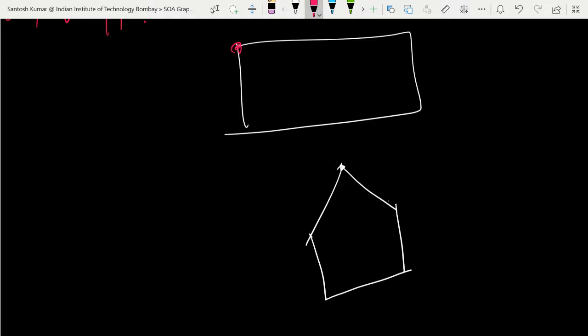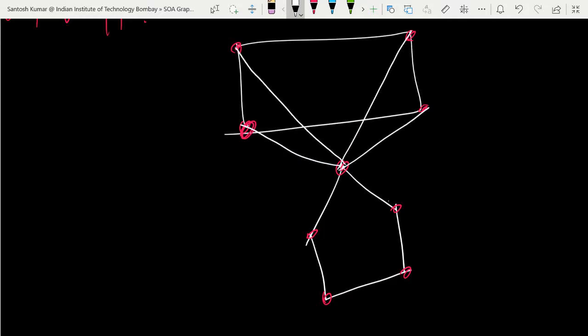Okay. So let me try this. These are 4 vertices here, and this is 5. So join to everyone. 1, 2, 3, 4.